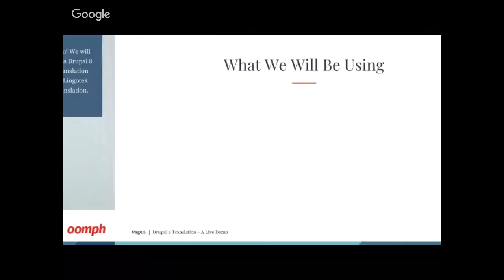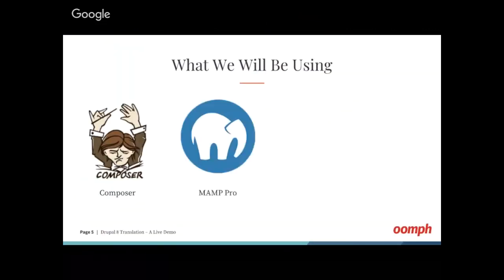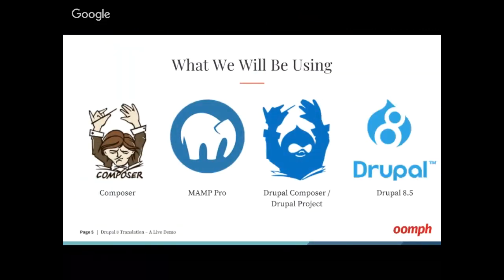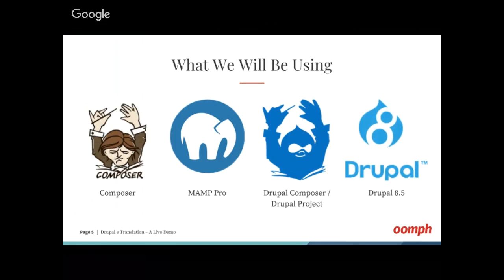How are we going to be doing this? We're going to be using a pretty specific set of technologies. We're going to be using Composer. We're also going to be using MAMP for a local environment. You could use Vagrant or Drupal VM if you prefer those. I see a Doxel sticker over there, so you could use that for your local environment if you wanted to.